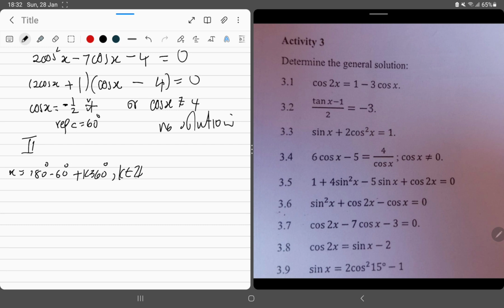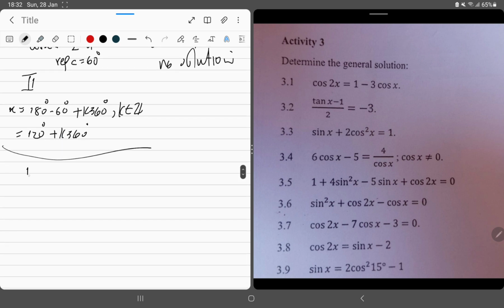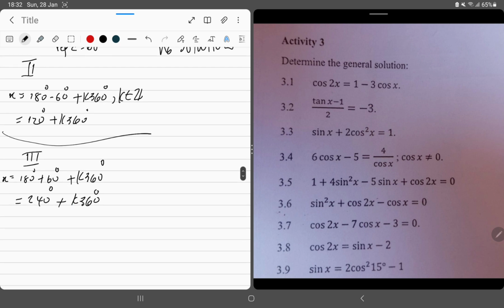K is an element of integers, so this is 120 plus k 360 degrees. And then quadrant 3, x is equal to 180 plus 60 plus k 360. This is 240 degrees plus k 360.